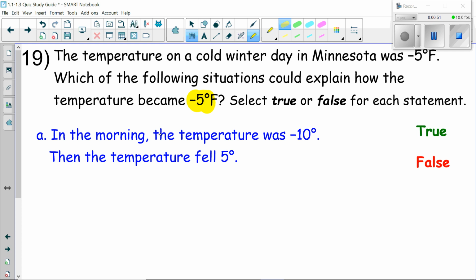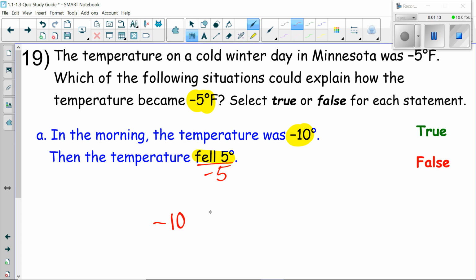All right, so in the morning the temperature was -10, so it starts at a -10. Then the temperature fell 5. So our keyword is fell. So we're looking at two integers. The first integer is that -10. So that's where we're starting. If it fell 5, that means it's getting 5 degrees colder. That's a -5.